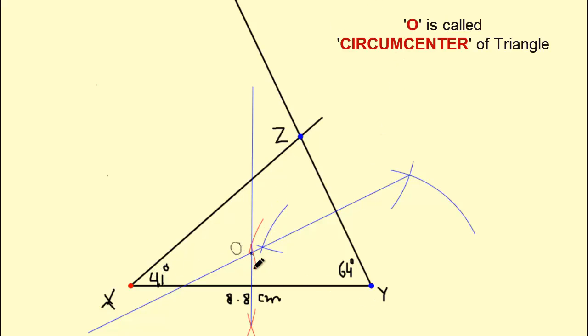And this point is called the circumcenter of the triangle. Just for our knowledge, why do we call it circumcenter?